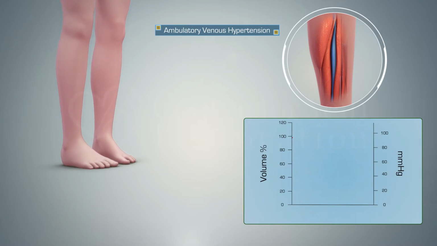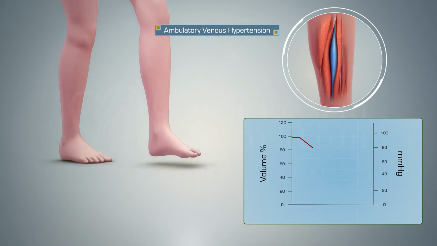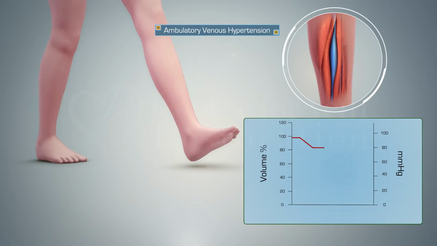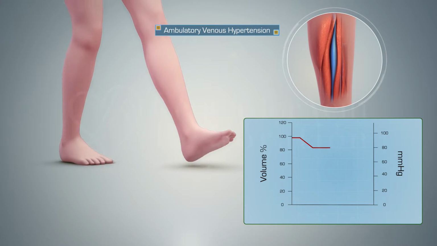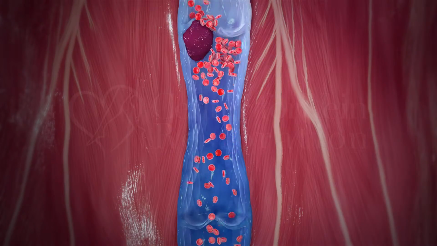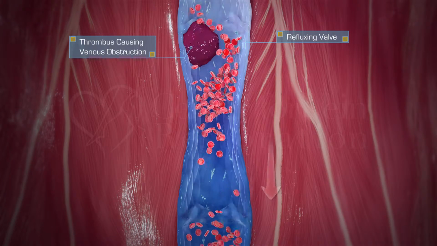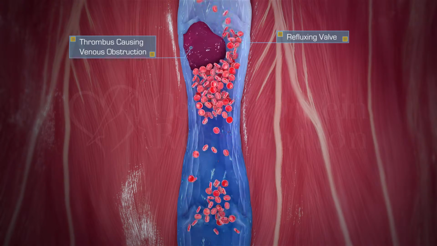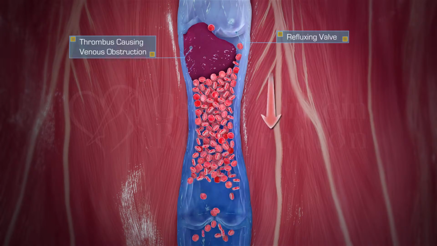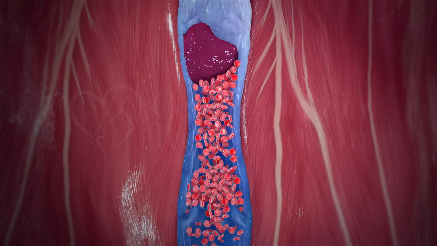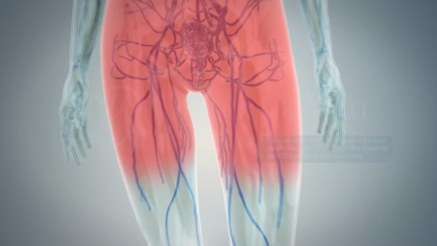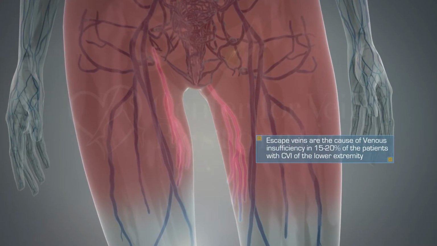If this ambulatory venous pressure fails to drop below 30 millimeters of mercury, the condition is called ambulatory venous hypertension. Ambulatory venous hypertension in the lower extremity occurs in patients with valvular reflux or venous obstruction, either in the legs or the pelvis through the escape veins.